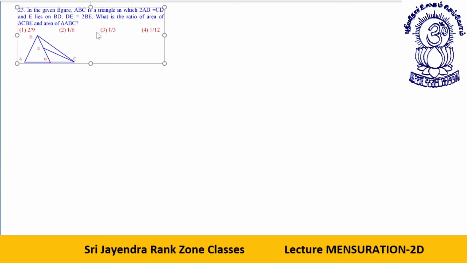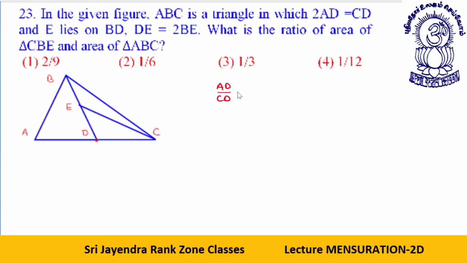Double of AD is equal to CD. That means AD upon CD is equal to 1 by 2, or CD by AD is 2 by 1. Simple. So CD by AD is 2 is to 1. So this means if this is X, this will be 2X.